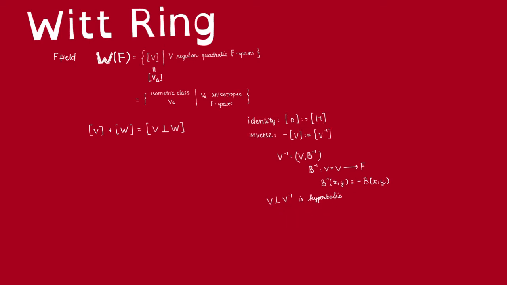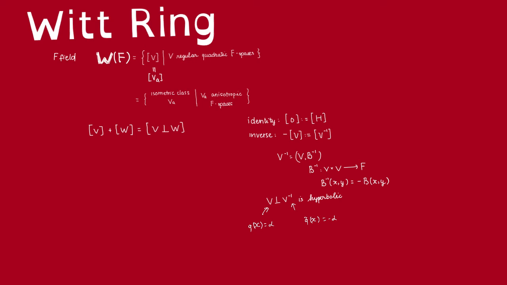And why is that? Well, observe that if we have any vector x in V with the norm alpha, then correspondingly in this scale space, I also have the vector x, but its norm here is going to be minus alpha.